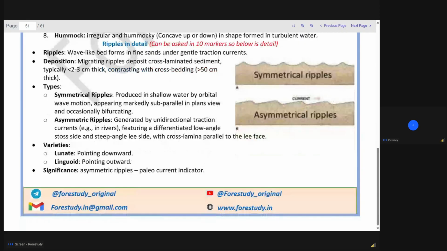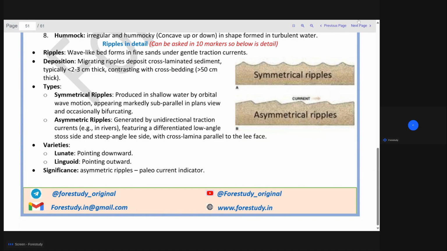Varieties: we have lunate and linguoid, pointing downward and pointing outward. Significance: asymmetric ripples are paleocurrent indicators.